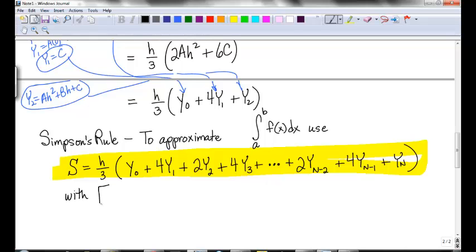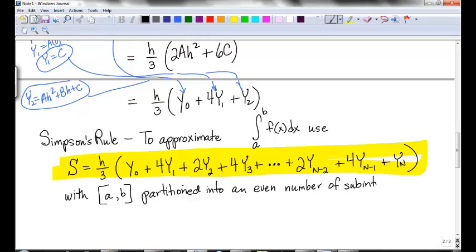And that's with the closed interval a, b partitioned, that is, divided into an even number n of subintervals of length h.